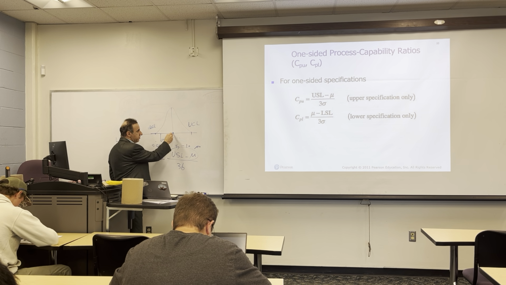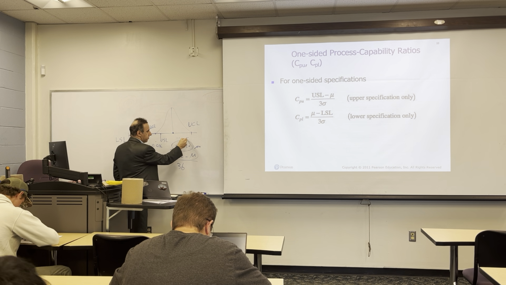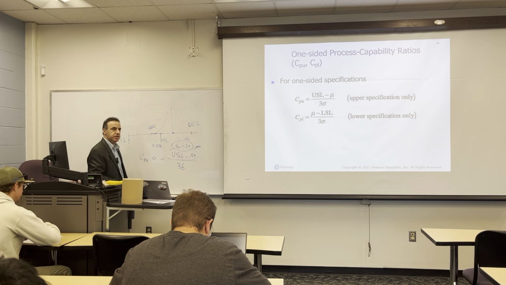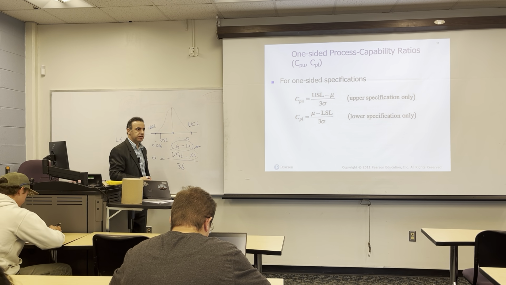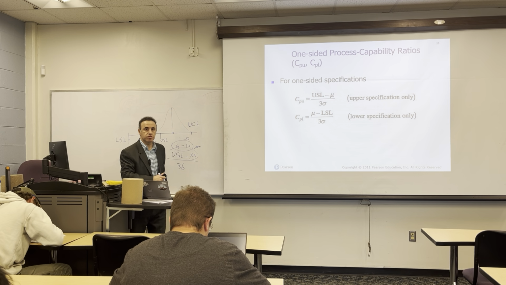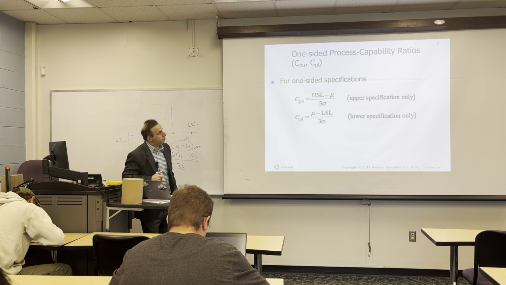When this center exceeds USL, the result will be minus 5. So in that case, you get a negative number. Again, your process capability is low.